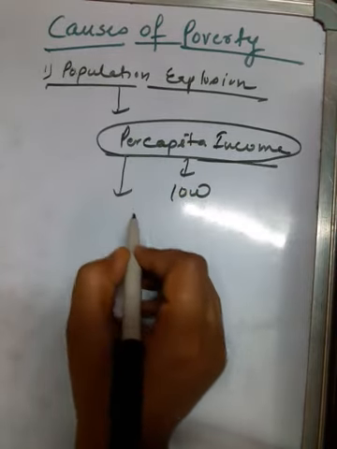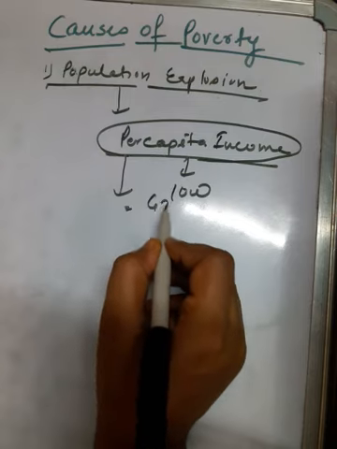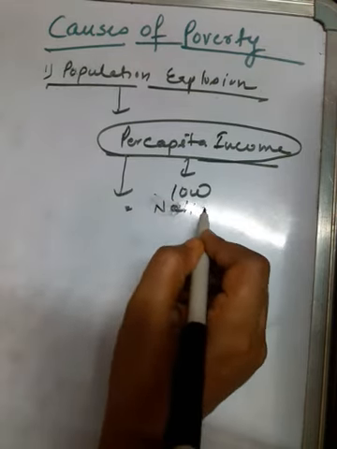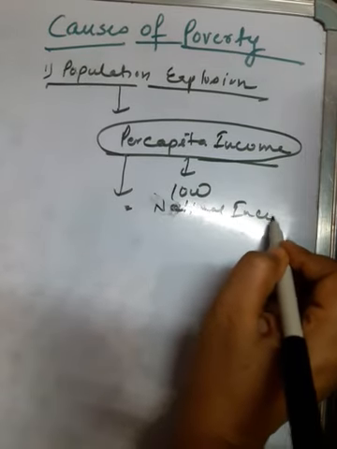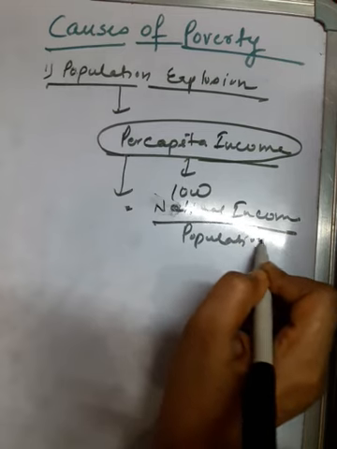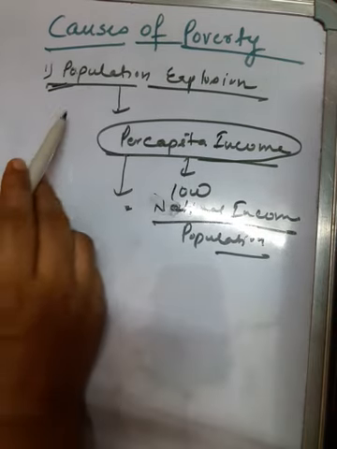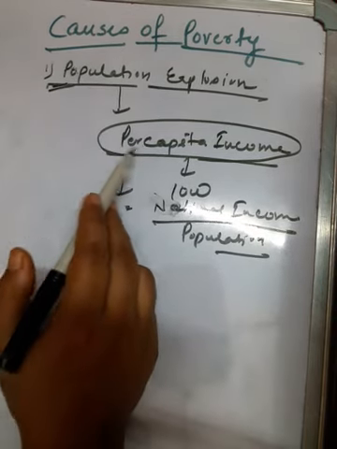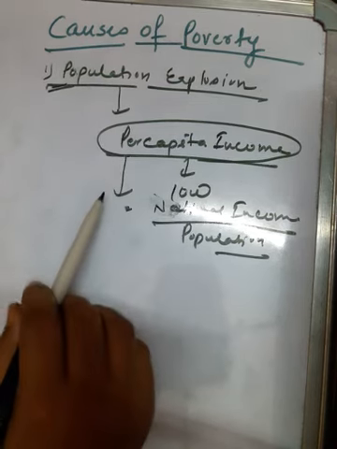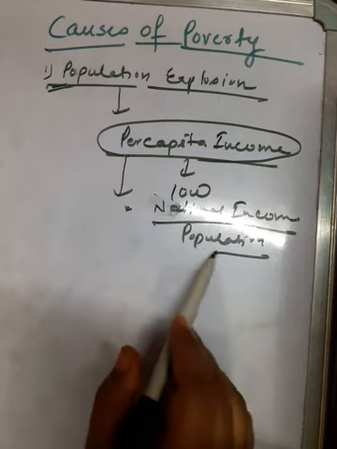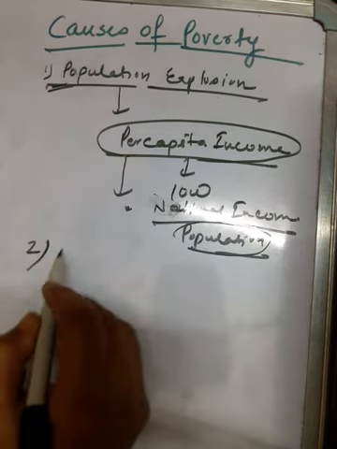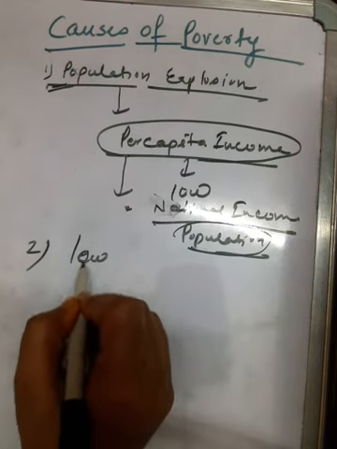Per capita income equals national income by population. Because of the rise in population, per capita income has been consistently reducing, because per capita income is inversely proportional to population.